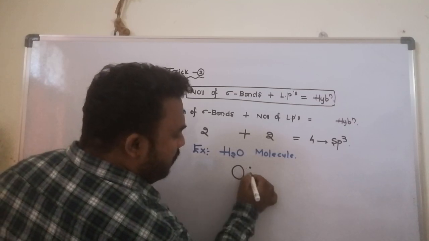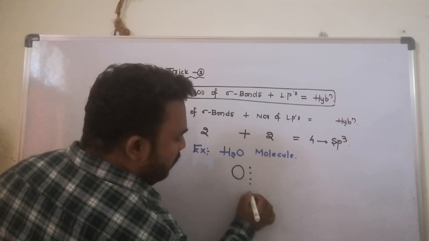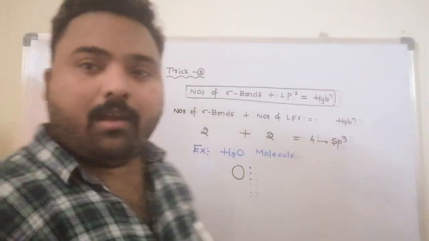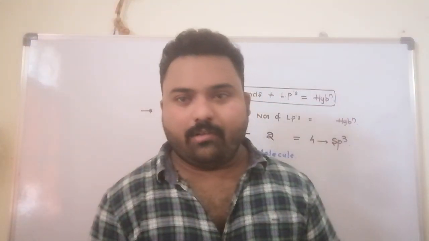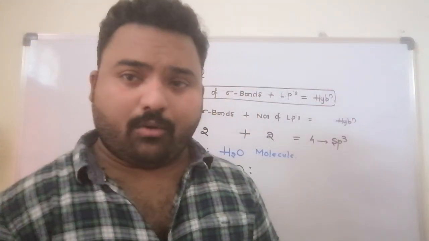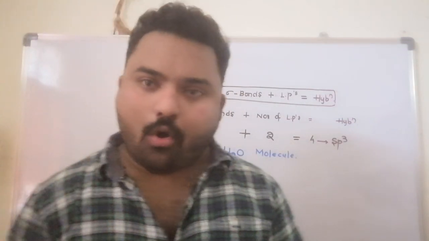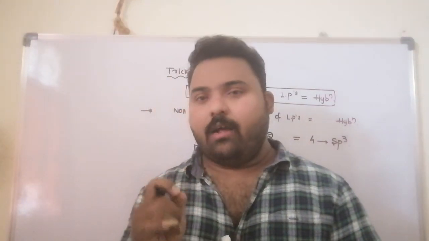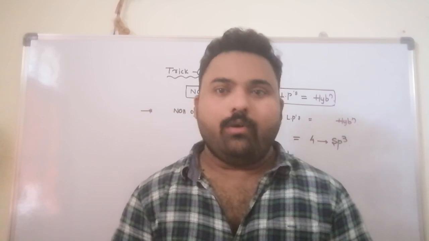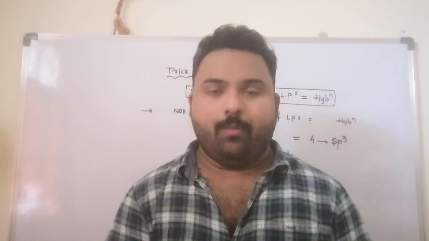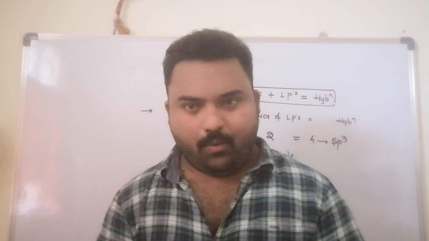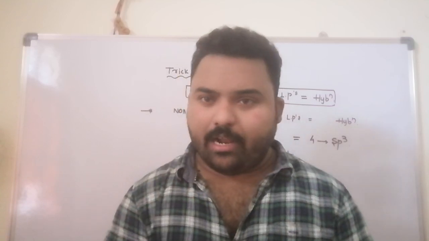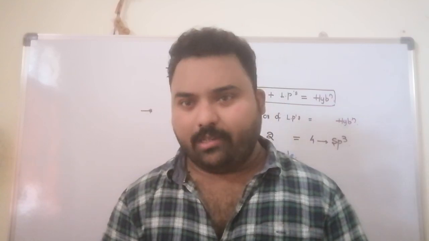The central atom, oxygen, has 1, 2, 3, 4, 5, 6 valence electrons. Why? Because oxygen belongs to the 16th group, or 6A group. So 6 valence electrons are present in oxygen.